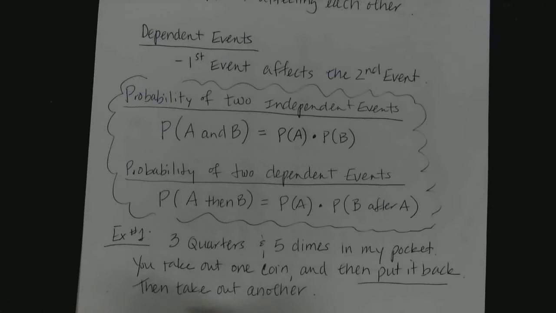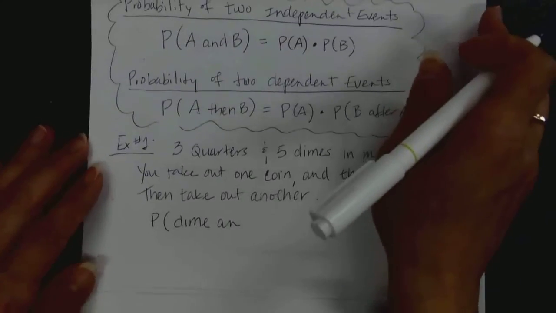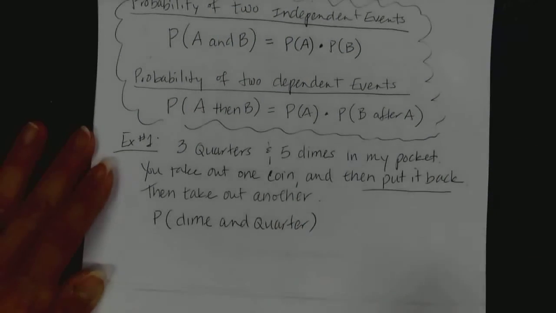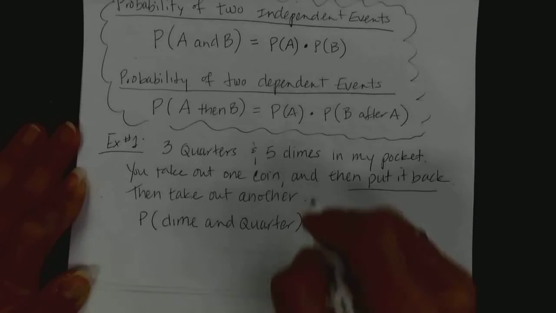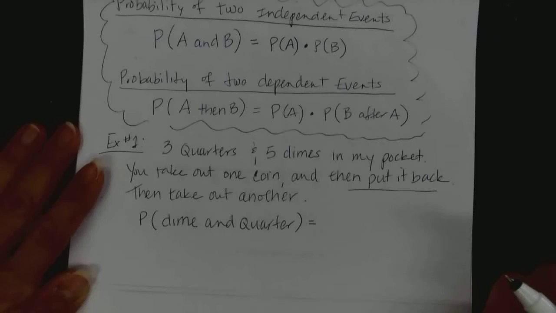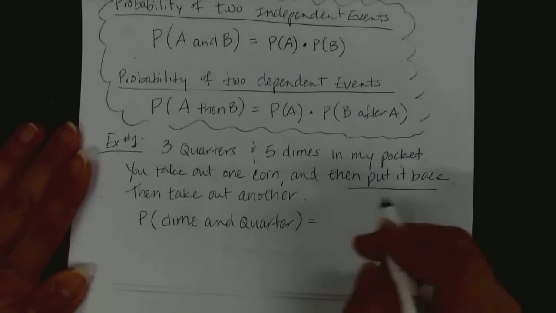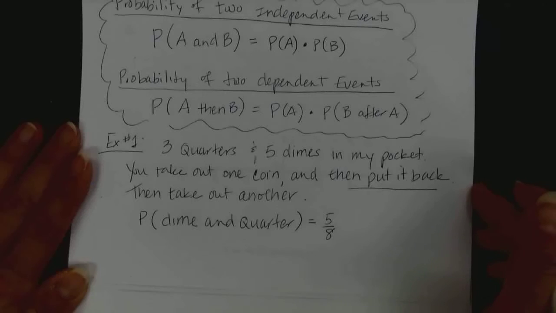I want to know the probability of taking out a dime, and then after you put the dime back in, the probability of taking out a quarter. What is the probability of taking out a dime? 5 out of 8, because there's a total of 8 coins. Now I put the dime back in.